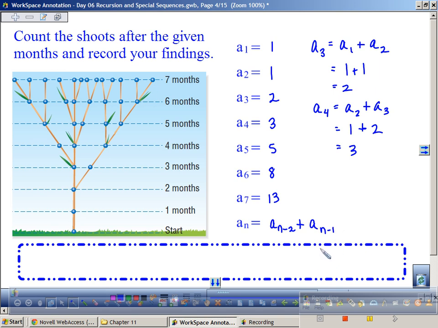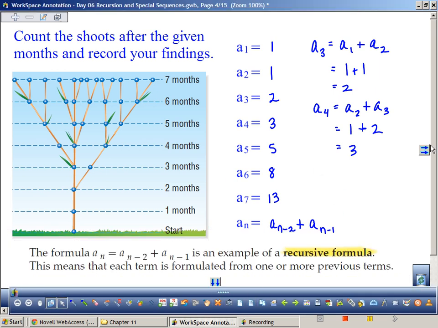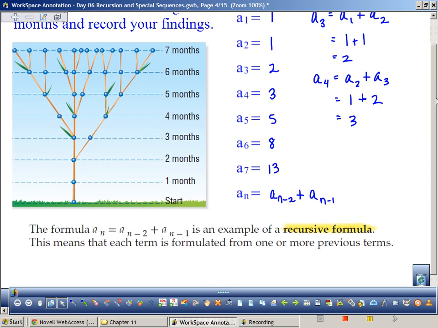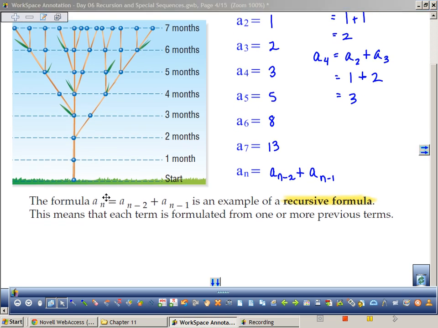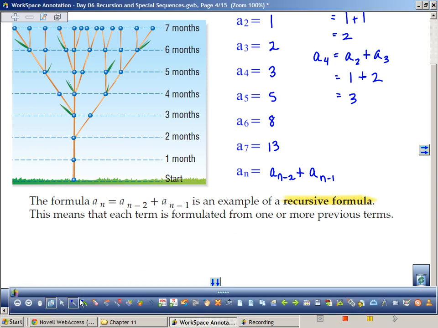Okay, so this is called a recursive formula. The formula for a sub n on this specific recursive formula is a sub n minus 2 plus a sub n minus 1. There's all kinds of them.